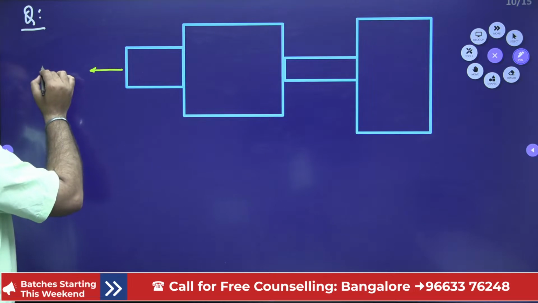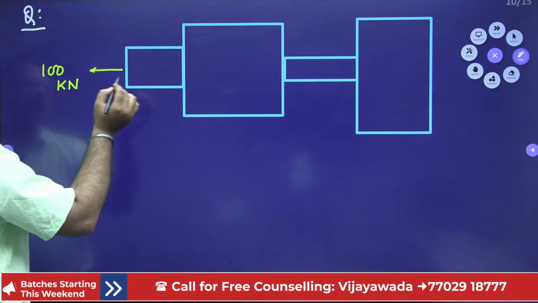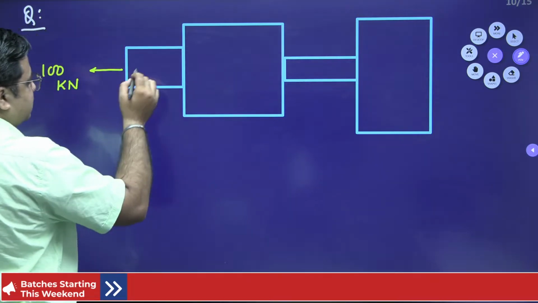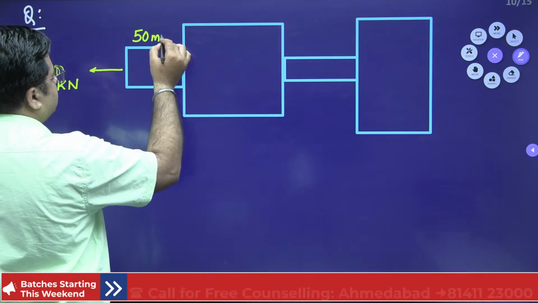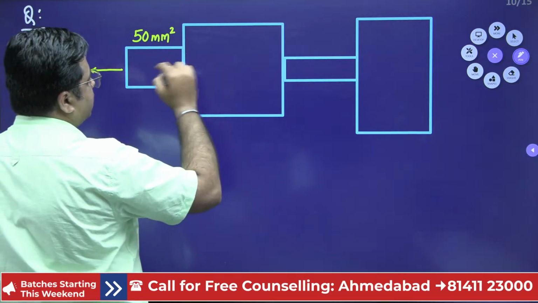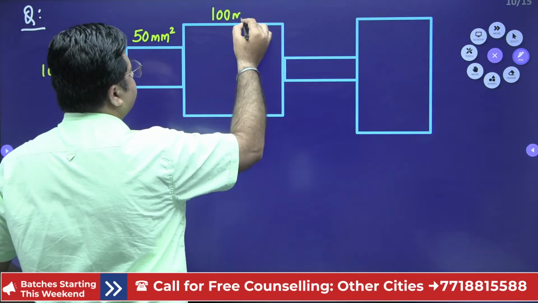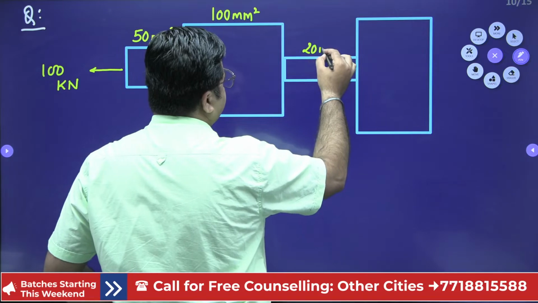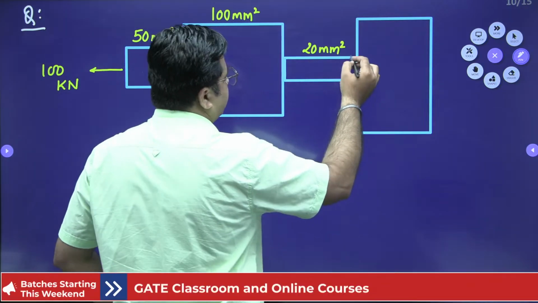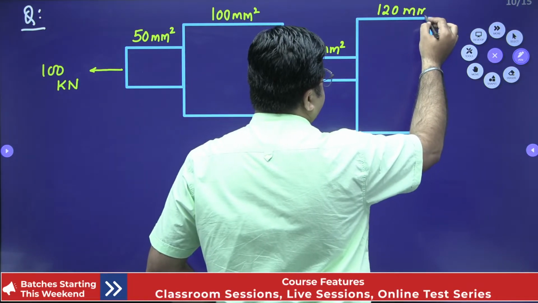This is 100 kilonewton. For this, the area is 50 mm square. For this, the area is 100 mm square. This is 20 mm square. And this is 120 mm square. These are the areas.